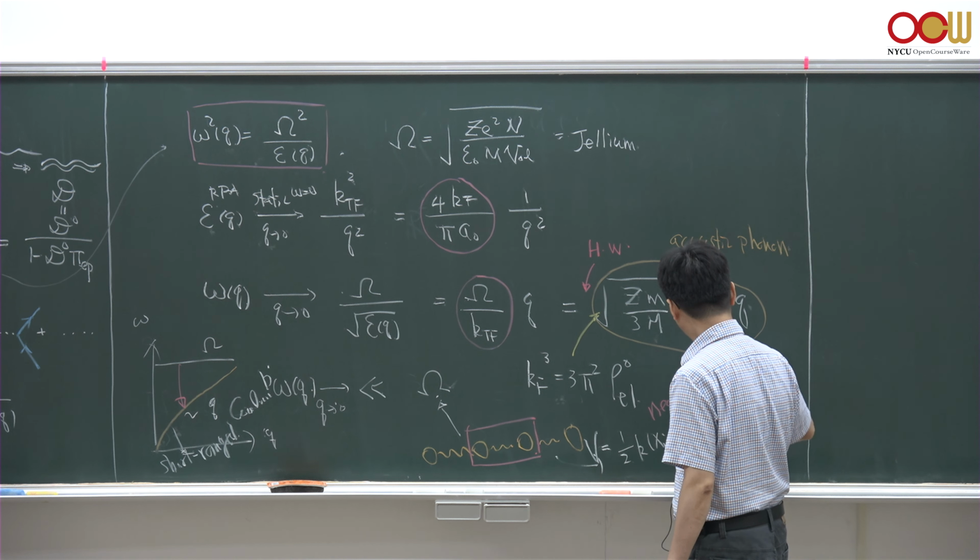Of course, this screened Coulomb potential is not exactly the same as this nearest neighbor interacting harmonic oscillator along the chain, but in spirit, we only consider nearest neighbor interaction between the two ions. That should be sufficient to reproduce this acoustic phonon mode.